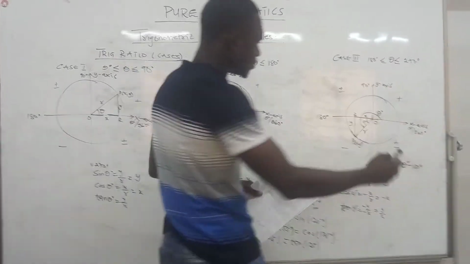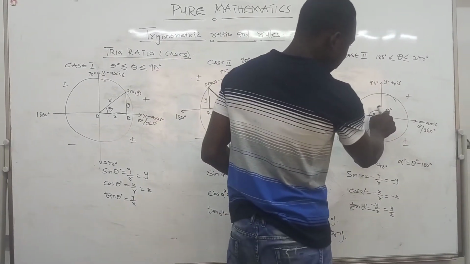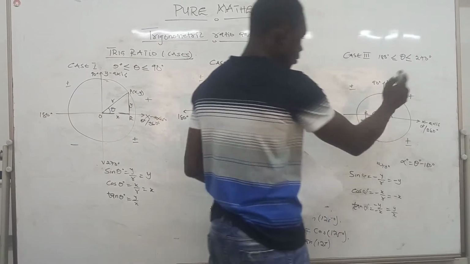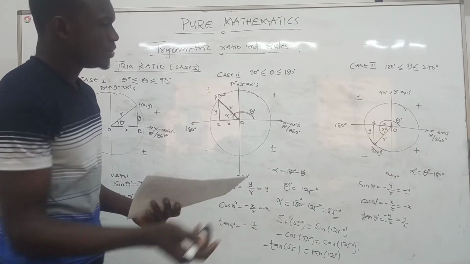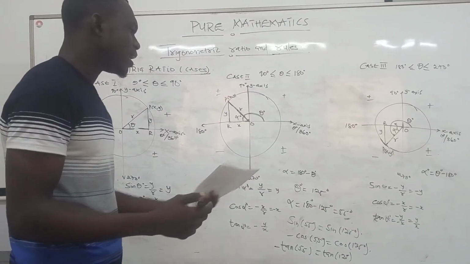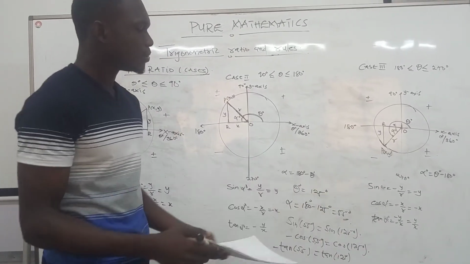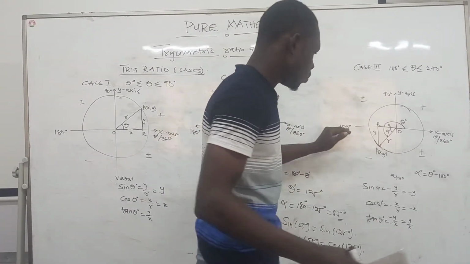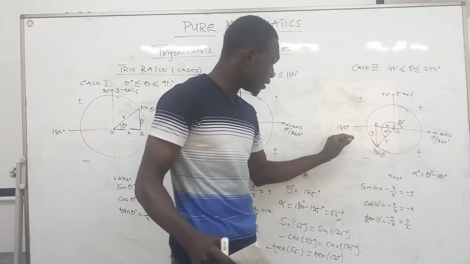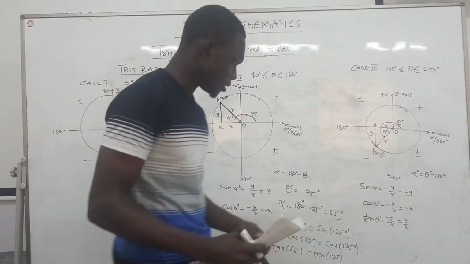Now our angle theta is given, maybe you can say 190, 207, 210 or so on, or any other angle that falls between 180 degrees and 270 degrees.